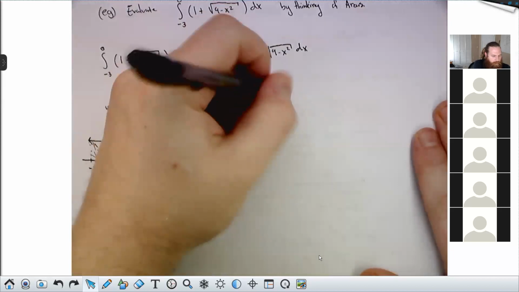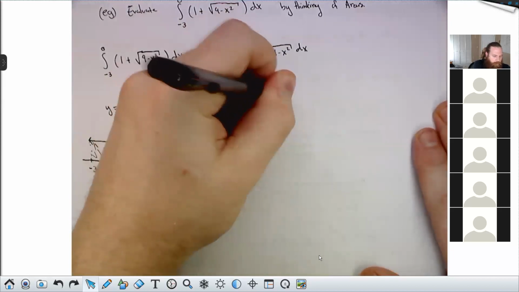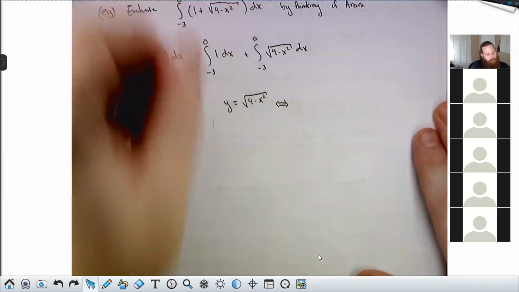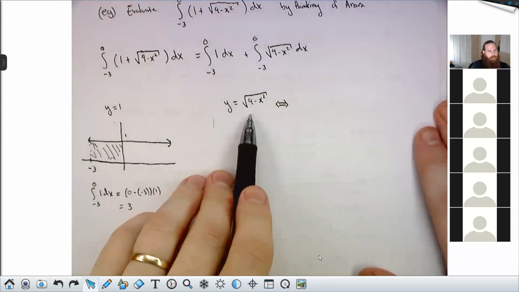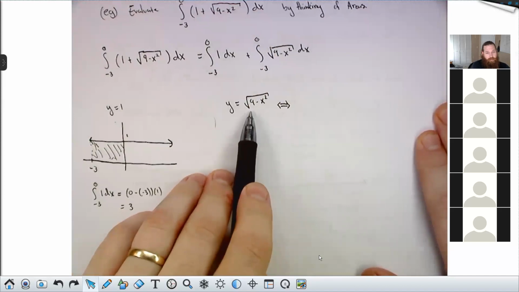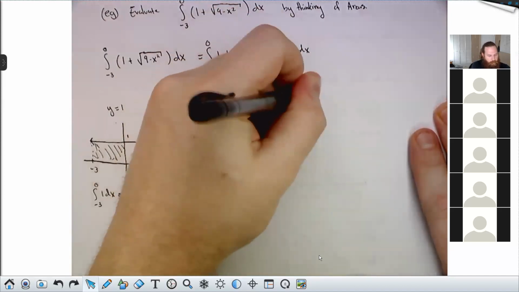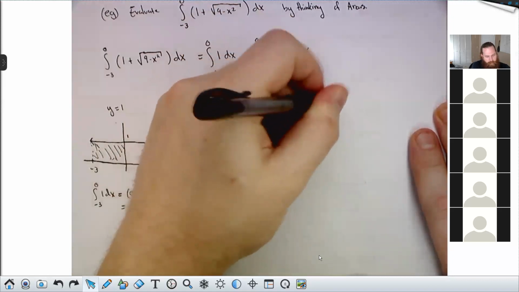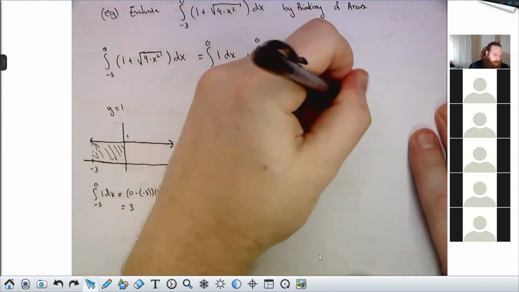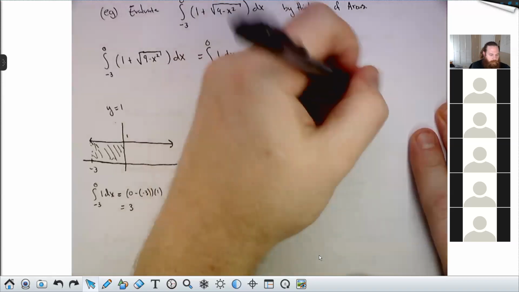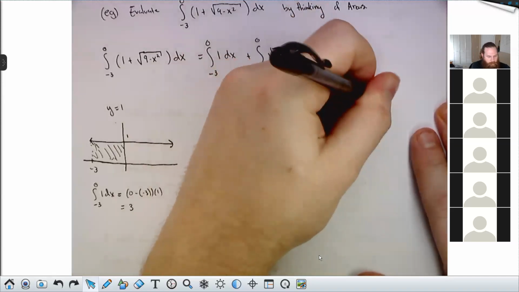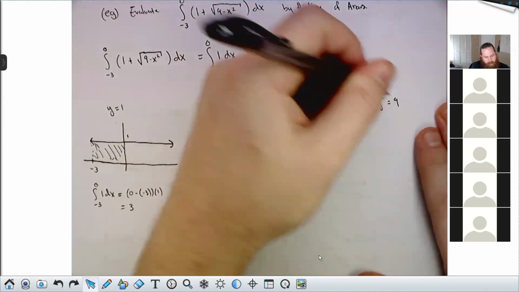This guy, on the other hand, does anybody know what this graph looks like? Parabola? It's not a parabola. It is a curvy thing, but it's not a parabola. If you square both sides, then you'll get y squared equals 9 minus x squared. And then if you add x squared to both sides, you get x squared plus y squared equals 9.